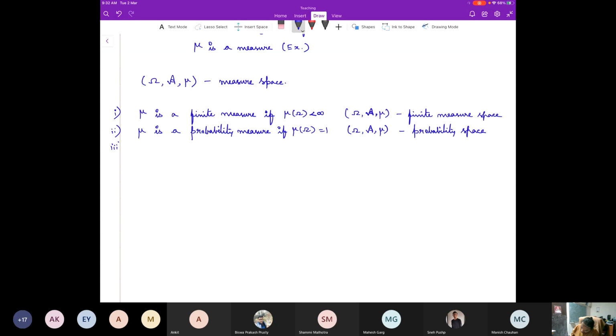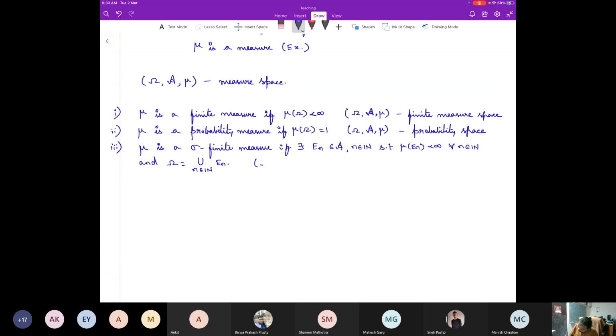Third one, mu is said to be a sigma finite measure if there exists En, n in N, a countable collection, such that mu of En is finite for all n in N, and omega can be written as the union of the En.